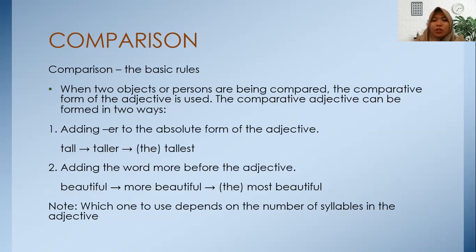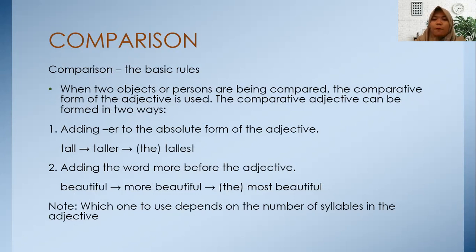And then this explanation also includes the superlative, if you notice that. The superlative also has two basic rules: the use of "est" at the end, and the use of "the most" before the adjective. For the first one, you need to add "est" to the absolute form of the adjective.